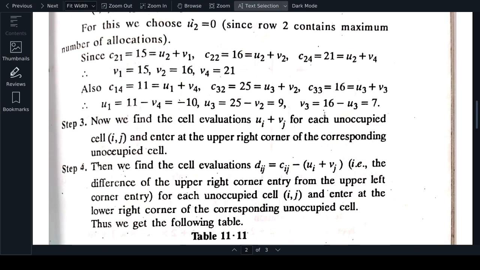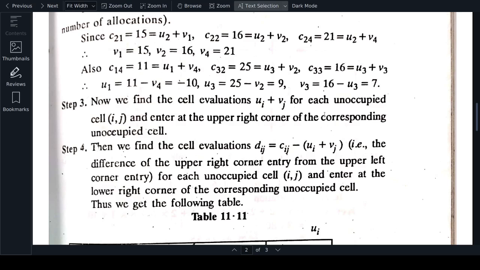So here you see, the optimality test we can check in this way. We find the value of Dij. So Dij equal to, what is the formula? In the computational procedure of the optimality test, Dij is calculated for unoccupied cells, and the Dij value is Cij minus (Ui plus Vj).